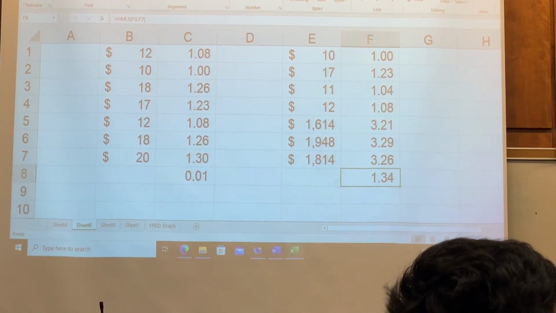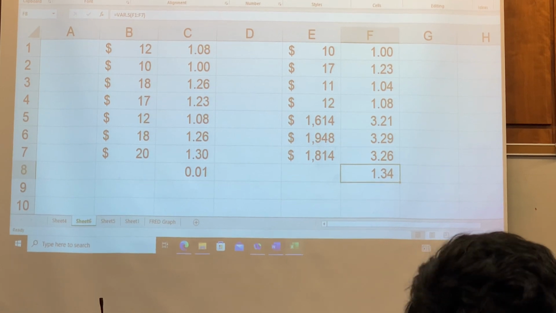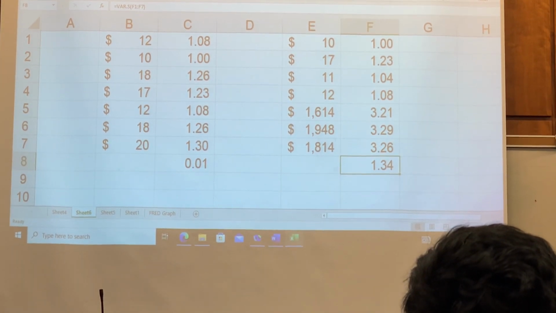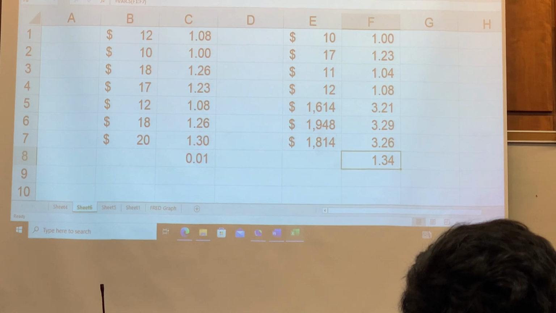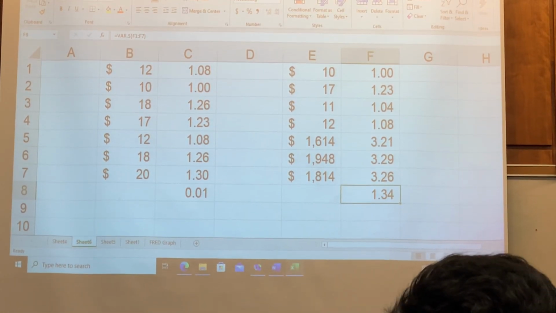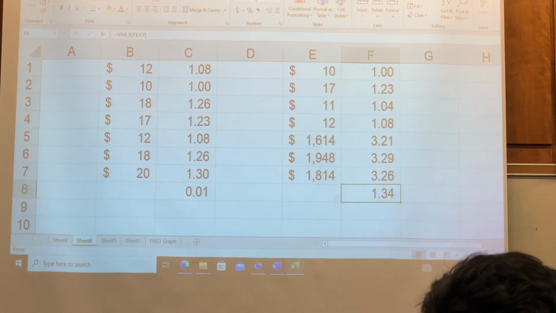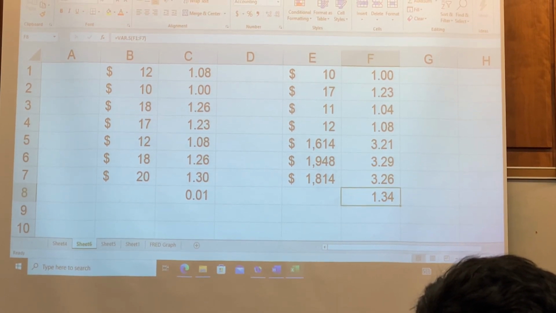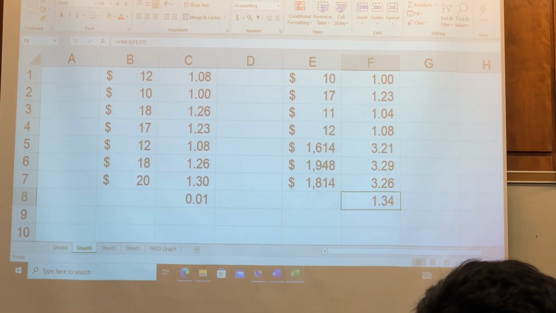No. What about in column E? Do you think that there is inequality? Somebody's salary is $1,613 versus somebody who earns $10. Is there any inequality? Yeah.